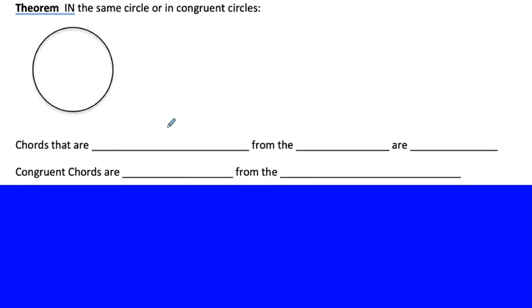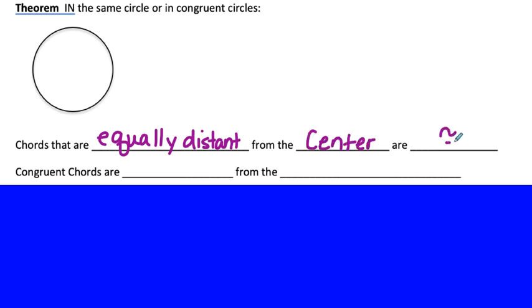The last thing I want us to think about is that in the same circle or in congruent circles, chords that are equally distant from the center are congruent. Here I have a chord, and here I have a chord.